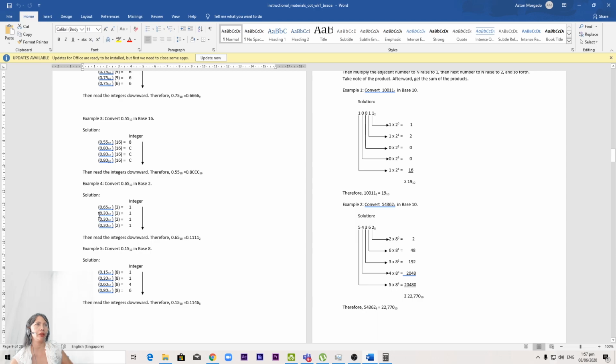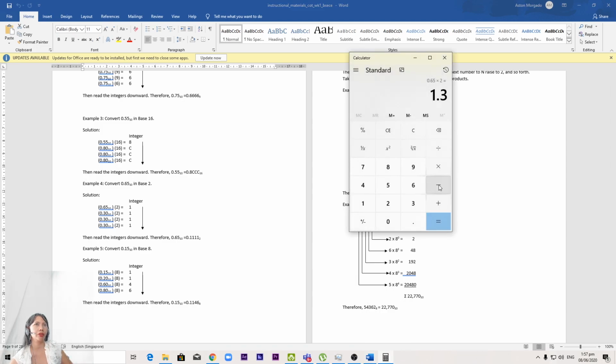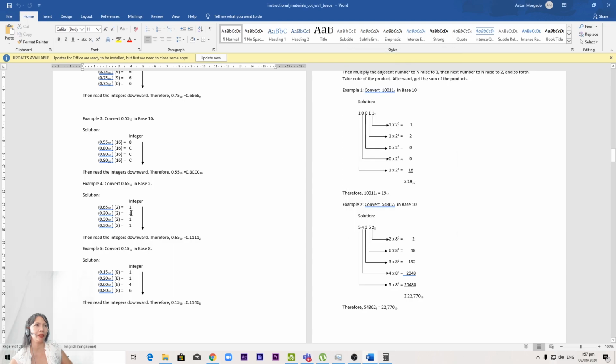Then we have 0.3 multiplied by 2. Minus 1. 0.3 times 2 is 0.6, so this should be 0.6. Kindly correct your copies.